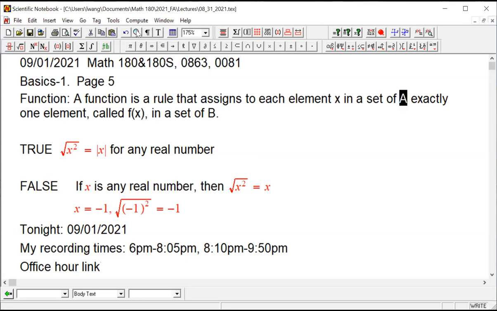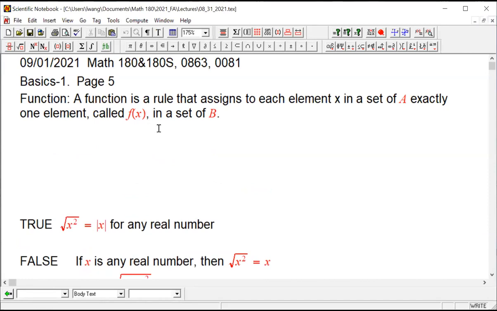Wonderful. We talked about this before, haven't we? It's the input-output idea. And I said the theme of the entire semester is function. So a function is a rule.